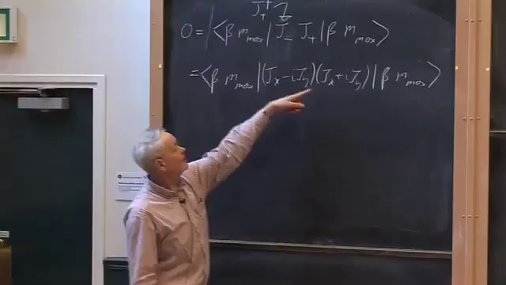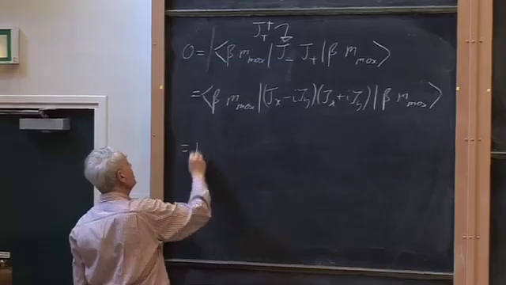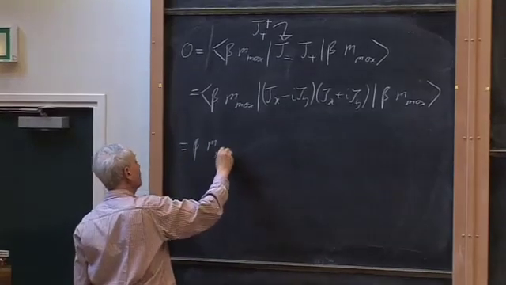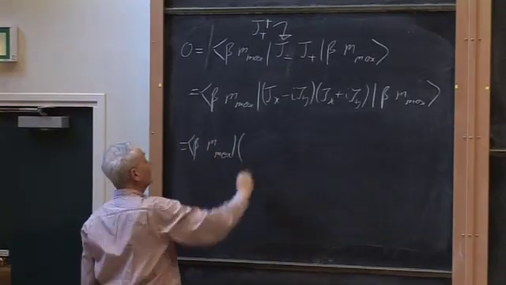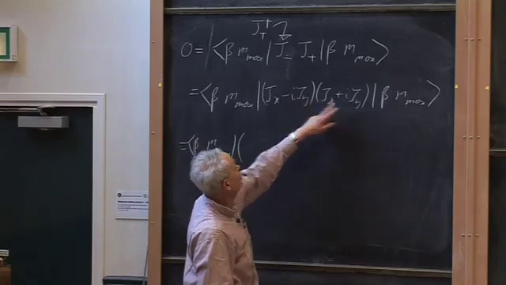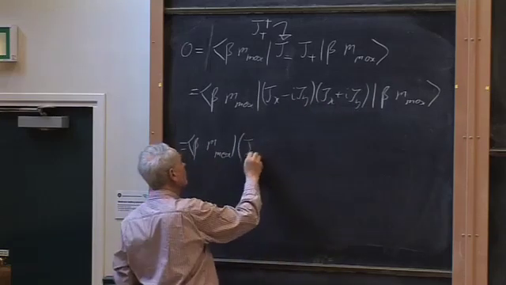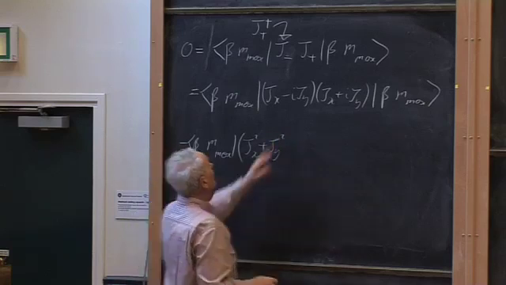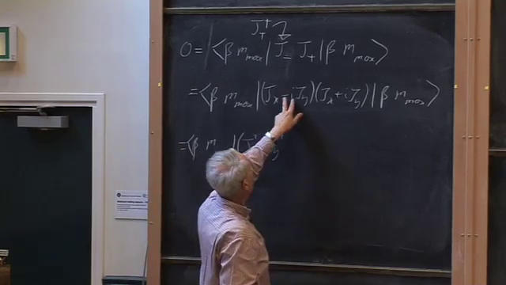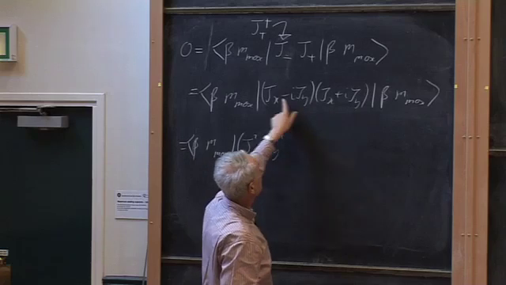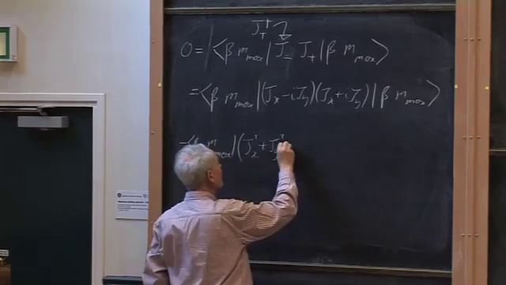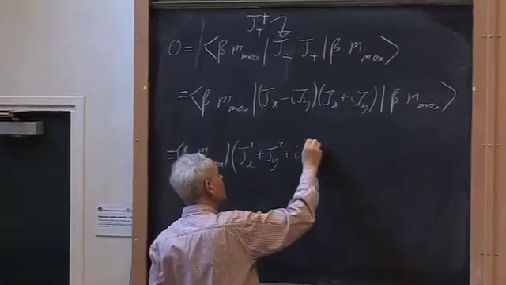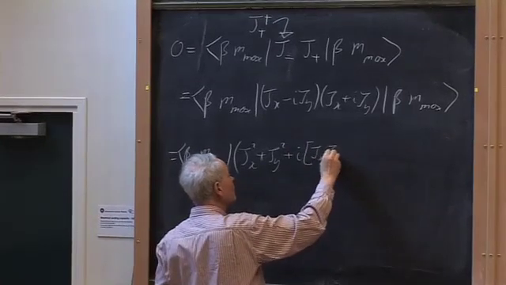So we multiply this stuff out, and we get Jx squared plus Jy squared. And then we have a minus i JyJx, the plus i JxJy, so we have plus i times the commutator [Jx, Jy].